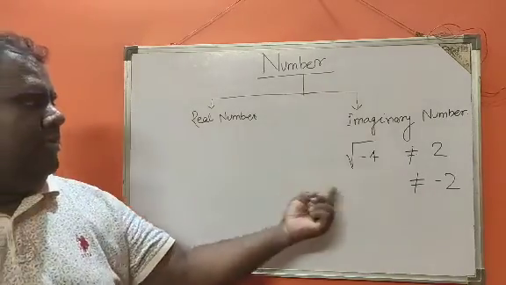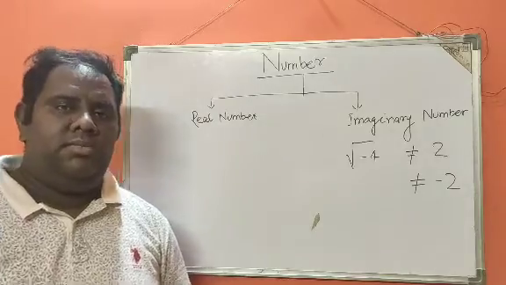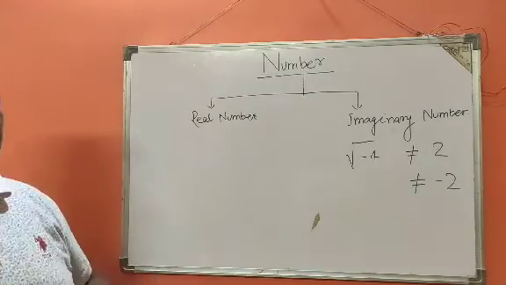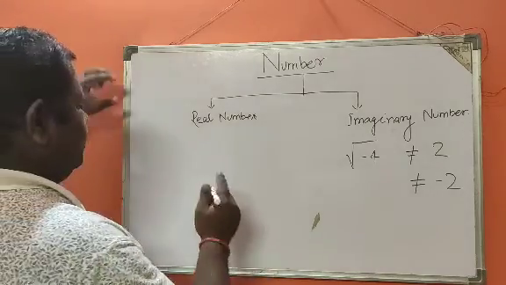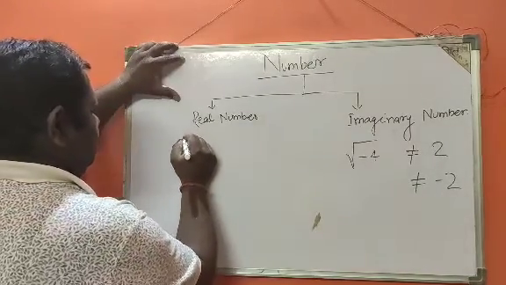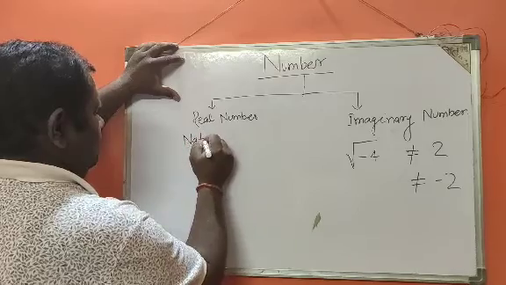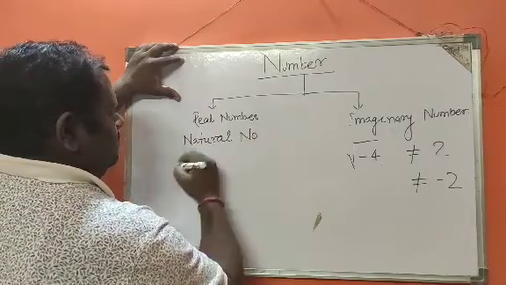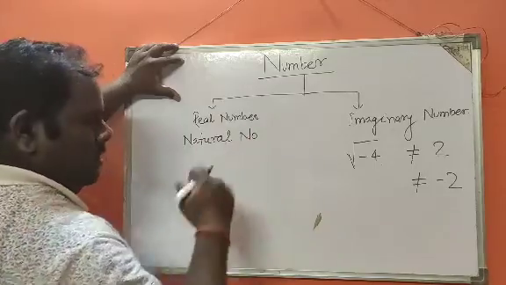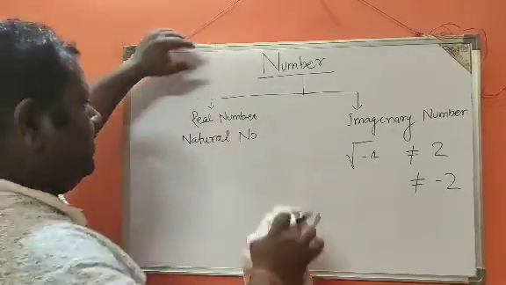So this type of number will be known as imaginary number. Now the real number starts with natural number. Let us study.